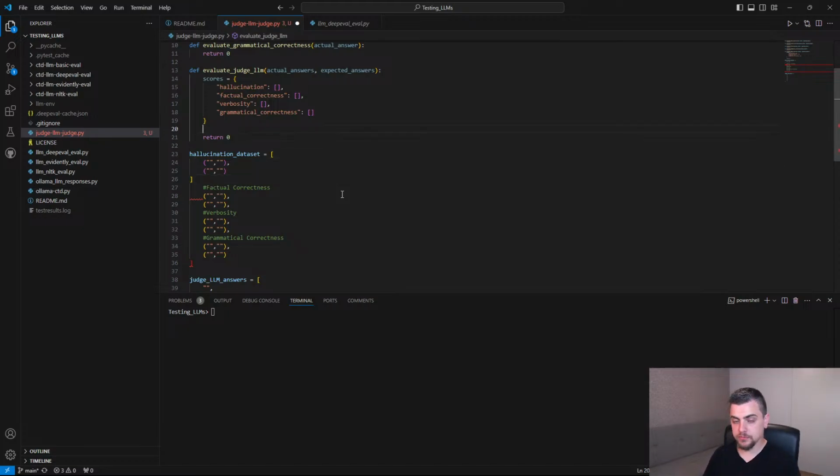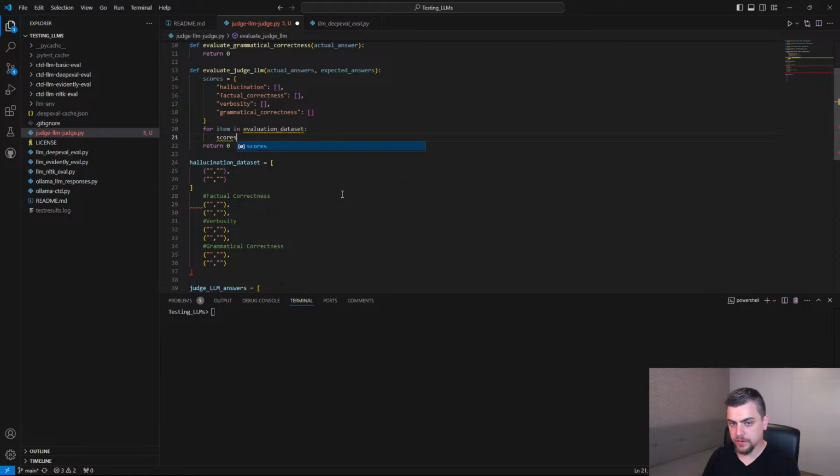So just simply for item in evaluation dataset, and append the values, so the scores of hallucination.